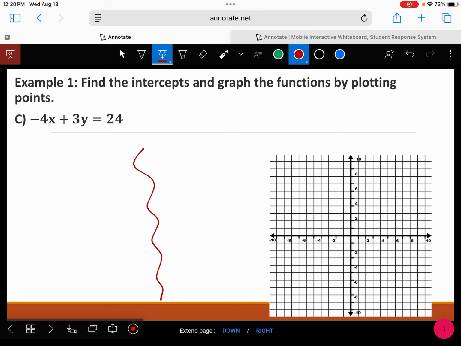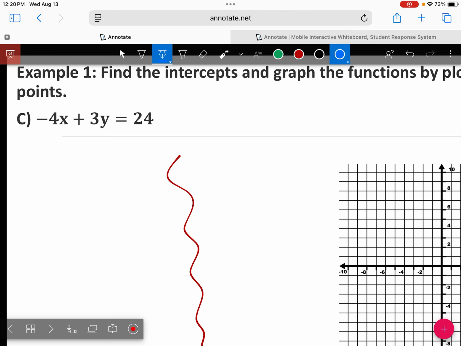Not bad. That was actually really good. So for our x-intercept, that means that my y becomes 0. So that would be negative 4x plus 3 times 0 equals 24.